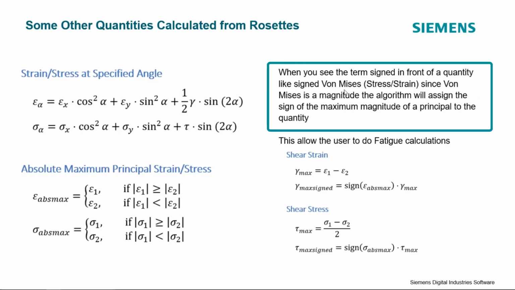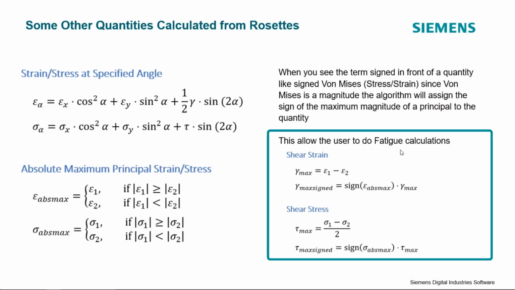And then we can calculate things like the von Mises stresses and strains and the signed von Mises stresses or strains, which is something that we need to do if we want to use our von Mises stresses and strains for fatigue life calculation. We basically assign a direction to our von Mises stress, either positive or negative, based on the maximum principal stresses.